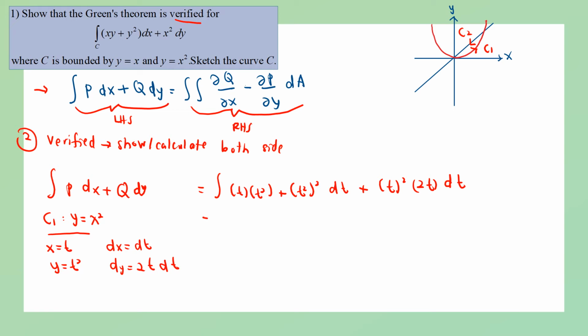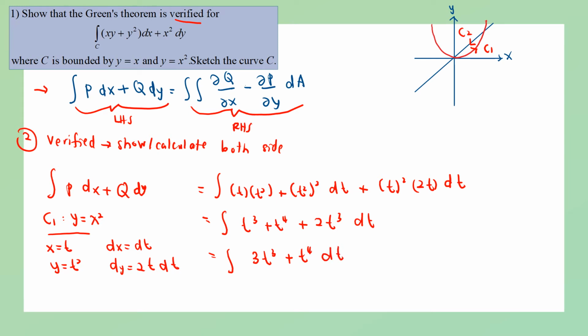When you simplify it, you will get t cubed plus t to the power of 4 plus 2t cubed dt. So you will get 3t cubed plus t to the power of 4 dt.